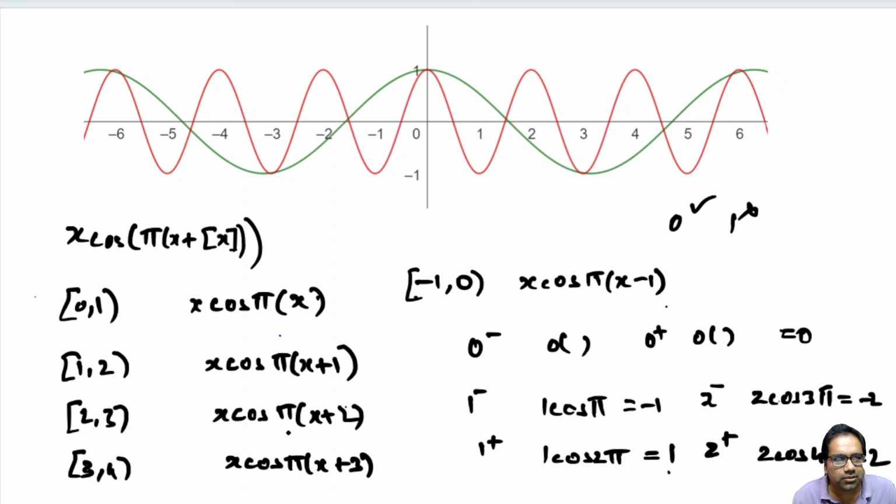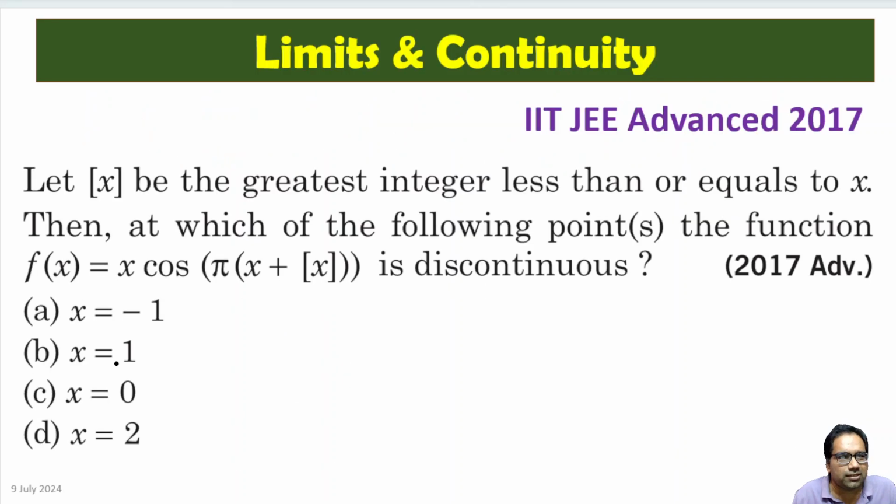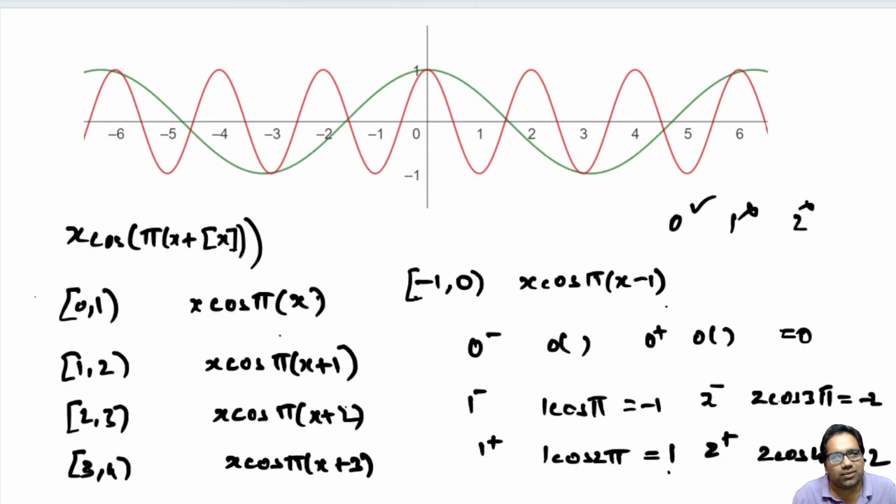Approaching 2 from the right, that is 2 cos(4π). Cos(4π) is 1, so it is 2 times 1, that is 2. So approaching 2 from the left-hand side you get -2, and from the right-hand side you get +2. So it is discontinuous at 2 also. So it is continuous at 0, discontinuous at 1, discontinuous at 2. Similarly, we can say it is discontinuous at -1 also.